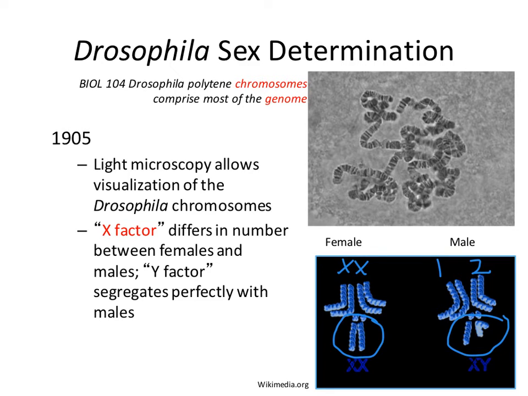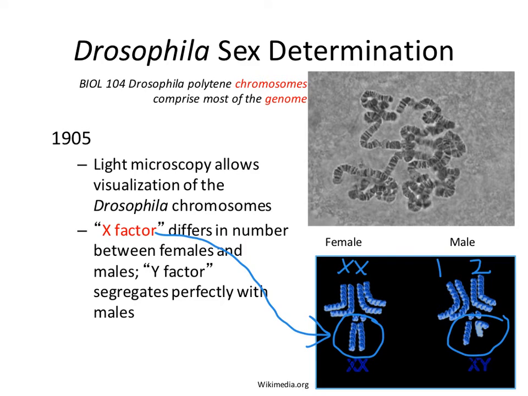So they called that chromosome the X factor. We're not talking about singing competitions or whatever the hell the X factor is about these days. They just called it the X factor. They didn't know what it was. They didn't know it was DNA. It's 100 years ago. We didn't know the structure of DNA. We didn't know anything about DNA, really.